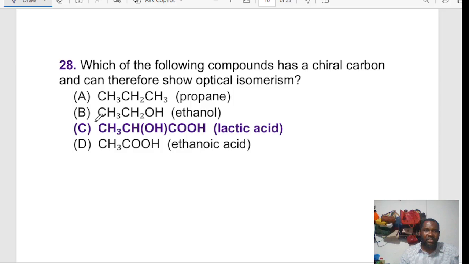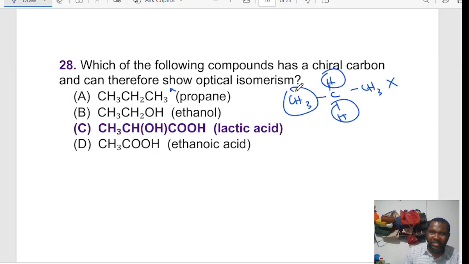Okay, then this one says, which of the following compounds has a chiral carbon and can therefore show optical isomerism? That's interesting. Look at this one, for example. You have CH3 here. Look at this carbon here, has hydrogen. Then here has CH3. Cannot, because of repetition, hydrogen, CH3, so cannot. Let's try this one, this carbon here. You have carbon having hydrogen, then here you have OH, and here you have CH3.